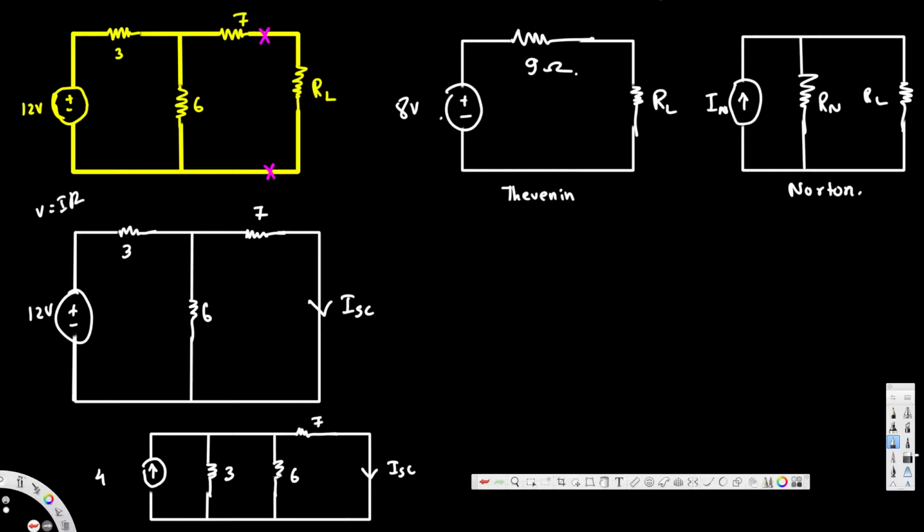Now we can combine these two together, because these two are in parallel. We can do product over sum: 6 times 3 divided by 6 plus 3 is going to be 2 ohm resistance. So we can replace this one with a 2 ohm resistance. Now 2, 7, and this one is right here.